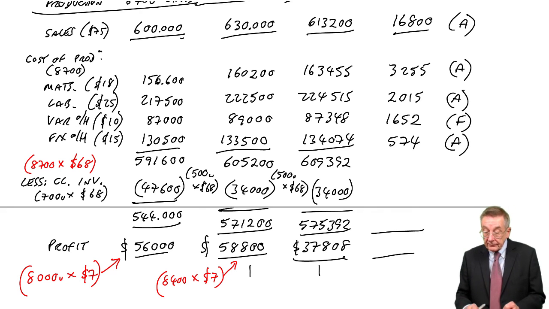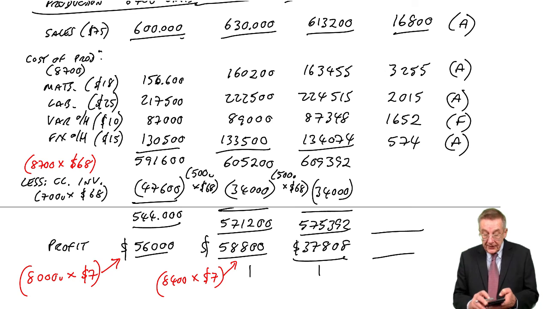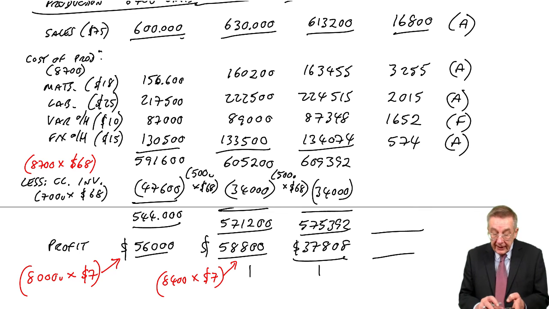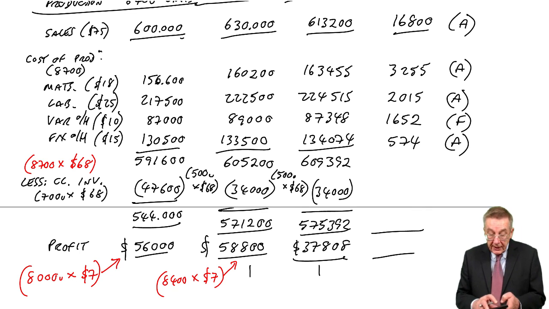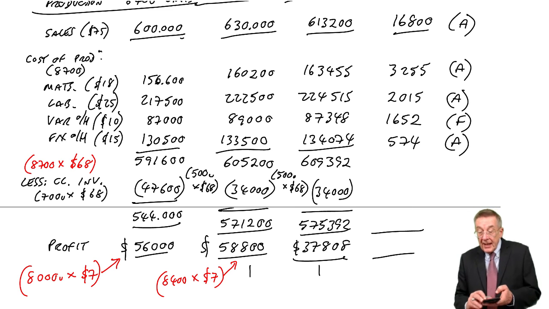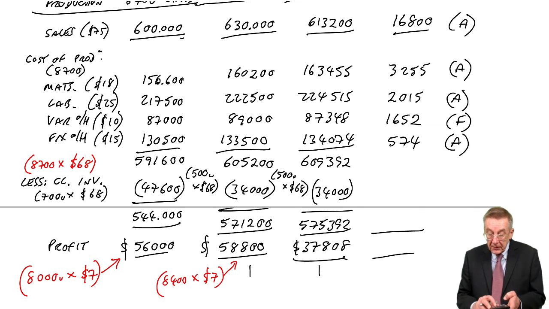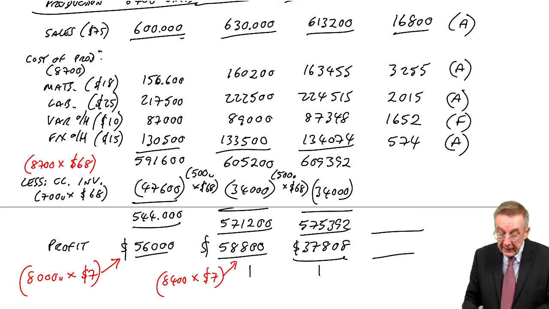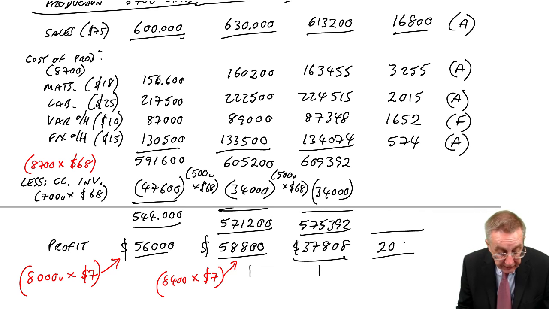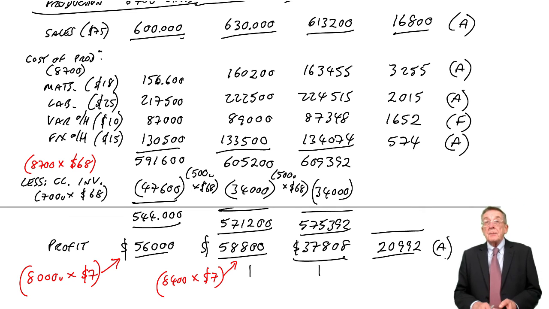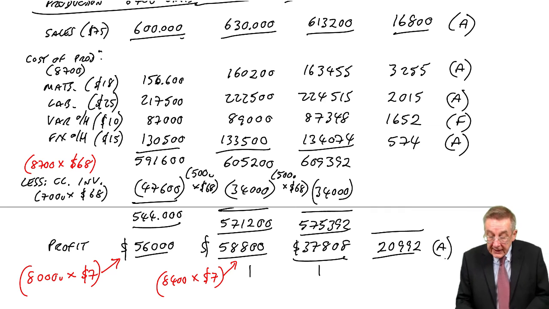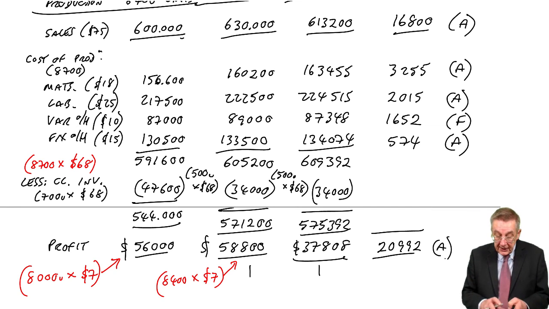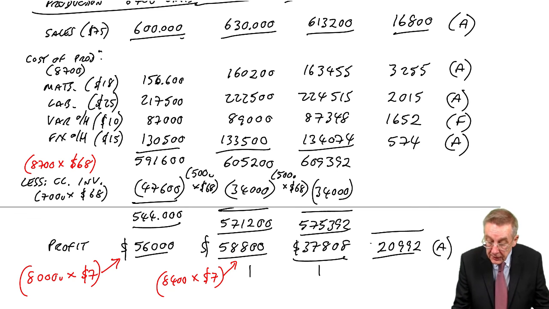So let's check. It was 16,800 adverse, another 3,255 adverse, another 2,015 adverse, less 1,652 favourable, plus another 574 adverse. I get a total of 2,992 adverse. It's simply a double check. Does it explain the difference? Well, 58,800 minus 37,808 is 2,992.